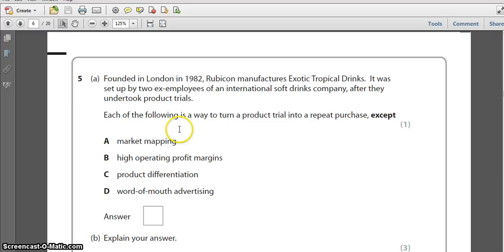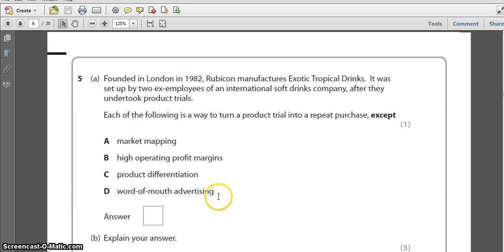So all of those things are going to be really helpful, apart from high operating profit margins. High operating profit margins relates to how much profit a company makes when it sells a product. That is not going to lead to a repeat purchase. That's got nothing to do with encouraging customers to buy your product again.